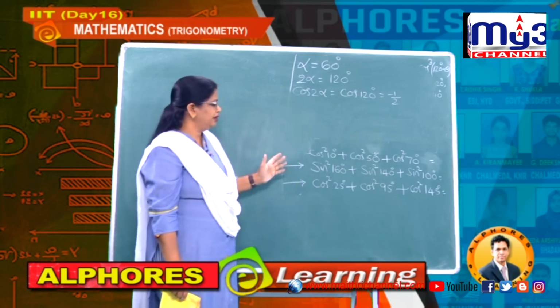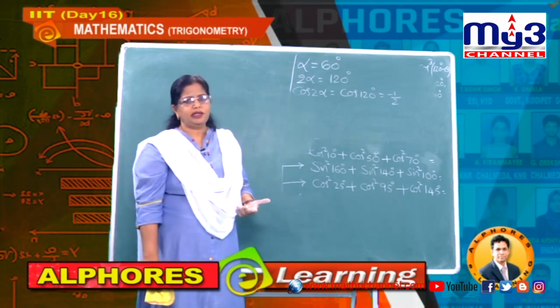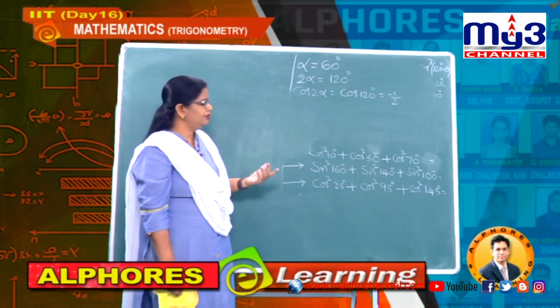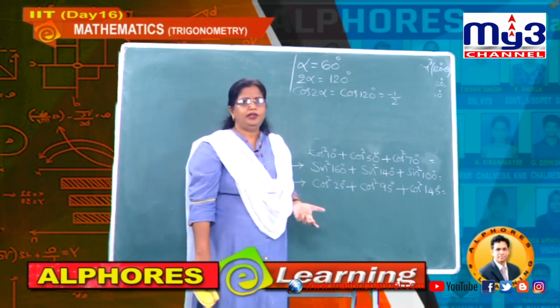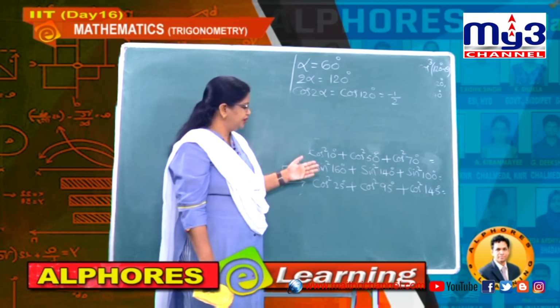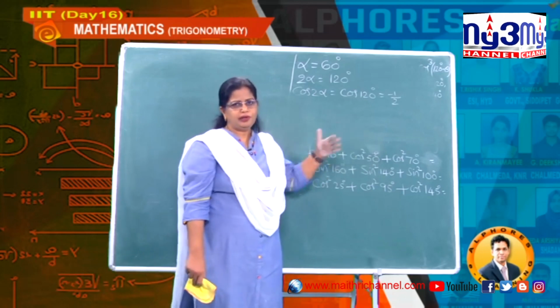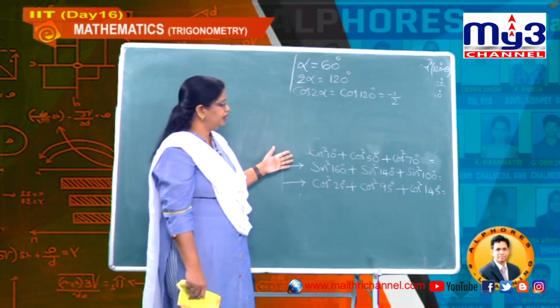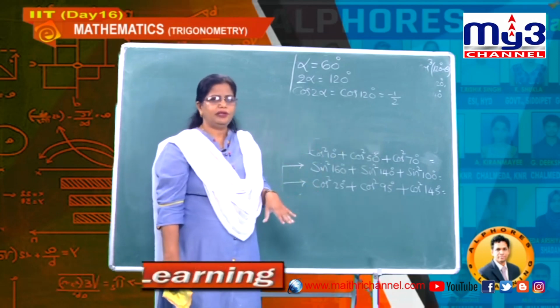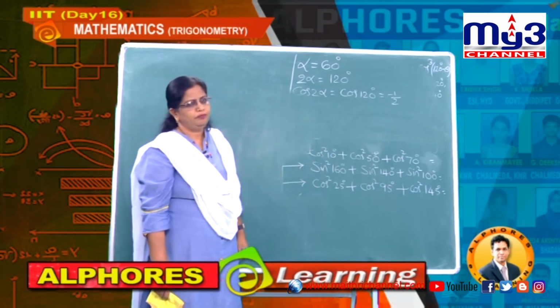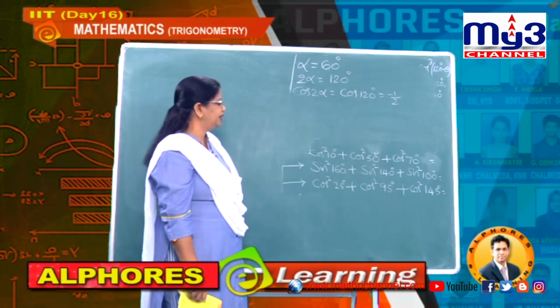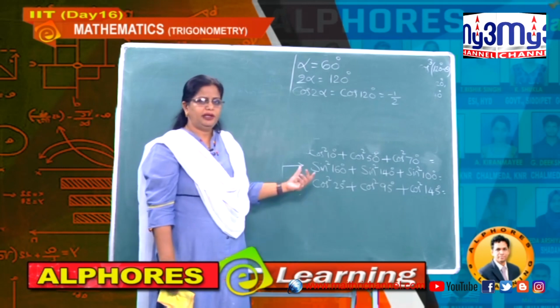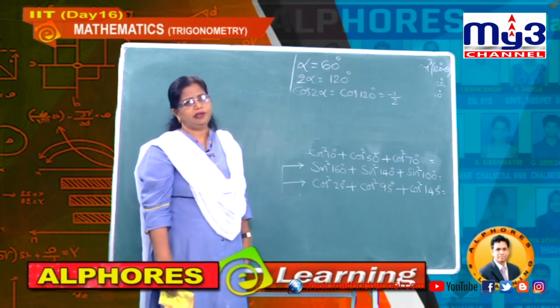So, whenever you observe sum of squares in cos or sine, then immediately you have to go for any known formula, because many angles we do not know here. Whenever there are no known angles, then definitely you have to search for a formula. So, what could be the formula here? First observation, always any complementary angle or supplementary angle.